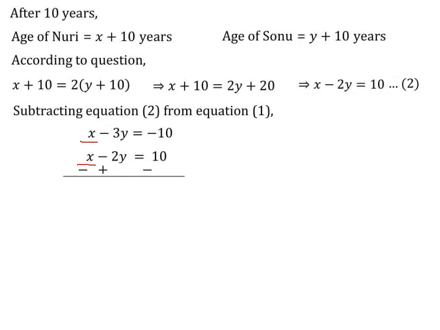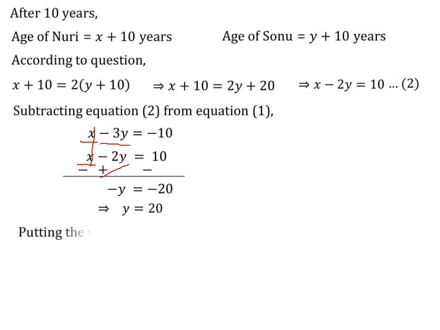After solution, in this case, x will be eliminated. So it will become minus 3y plus 2y. Minus 3y plus 2y will become minus y, and minus 10 will become minus 20. So I will get minus y equals minus 20. So y is equal to 20.